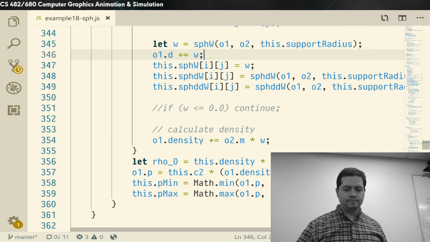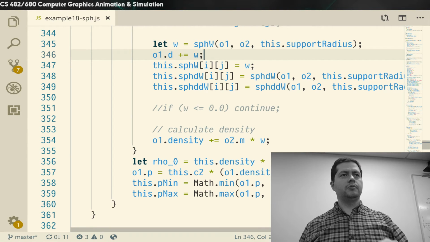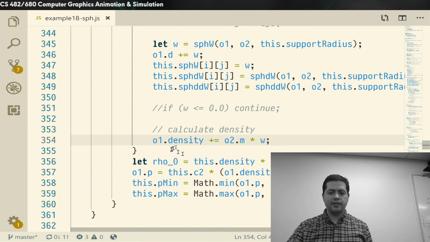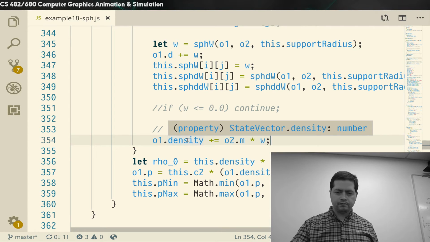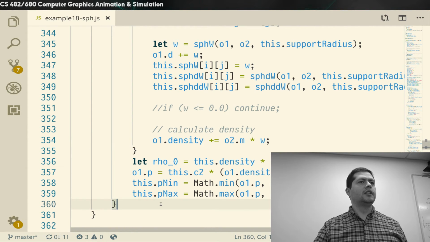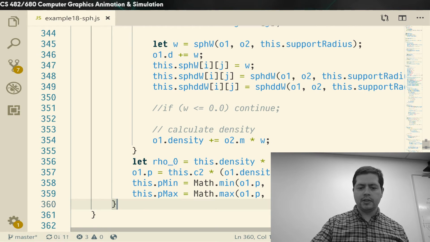Because we're trying to make this match the equations as close as possible. So for this case, it makes sense for us to just update object 1. There's probably more efficient ways of doing it, but for the sake of simplicity, we'll only do it this way.